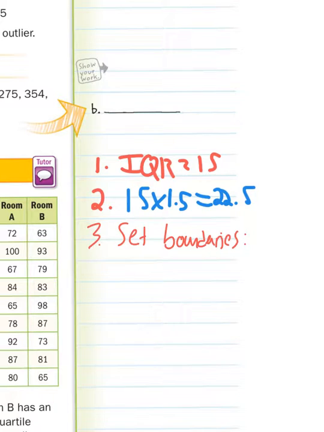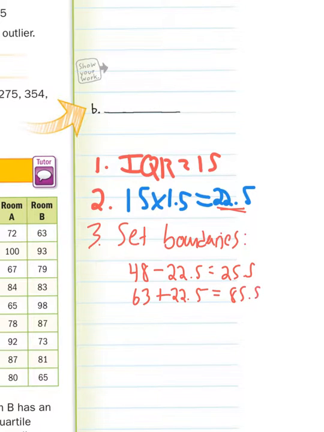So we do Q1 minus the number from step 2. Remember this 22.5? And 48 minus 22.5 is 25.5. Okay? And then we take Q3. Remember, Q3 was 63, and we add that number from step 2. So 63 plus 22.5. And if we get that, we get 85.5. These I call our boundary numbers.